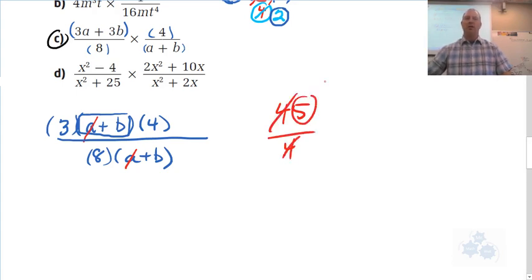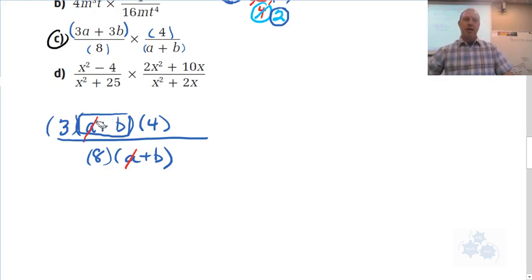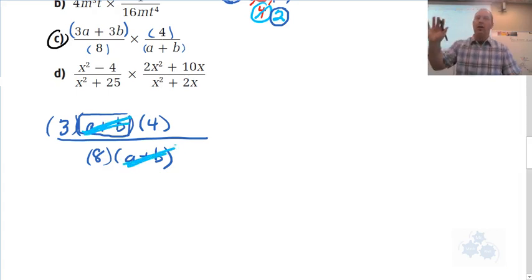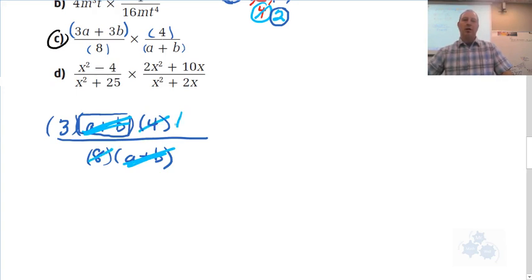That doesn't work. So it's very similar to doing that. But what we do notice is that we have an entire factor, a plus b, that we can get rid of. So that's a factor, a plus b with a plus b. So that's gone. And then 4 over 8, that simplifies to 1 over 2.